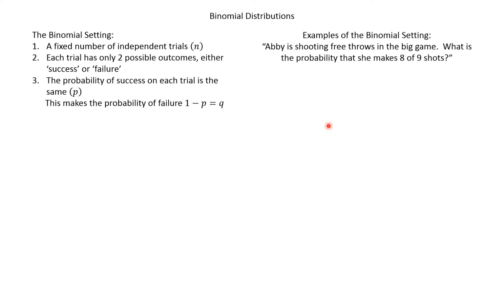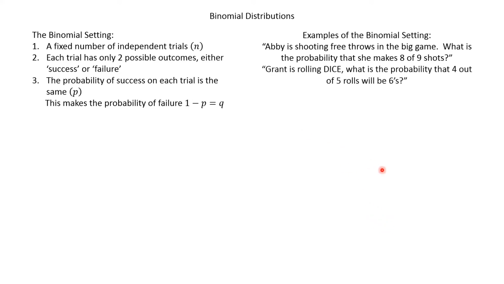Each has 2 possible outcomes. Either she makes the basket or she doesn't make it. And then the probability of success on each trial is the same. She would have a consistent free throw percentage. We don't know the percentage right now, but this would be an example of something where we could use binomial distributions, and we will in a minute.